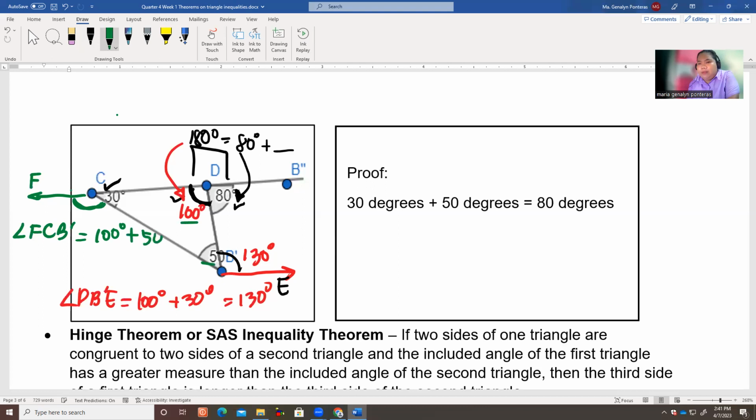So 100 plus 50 degrees, angle FCB prime is equal to 150 degrees.